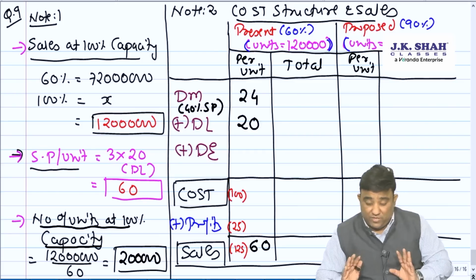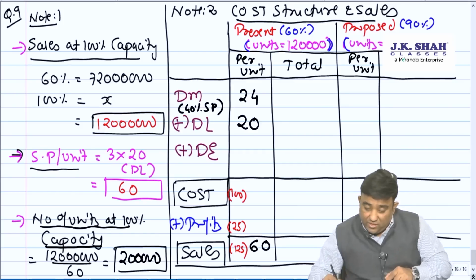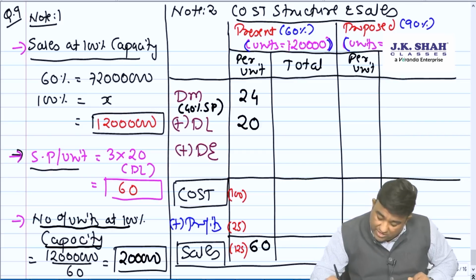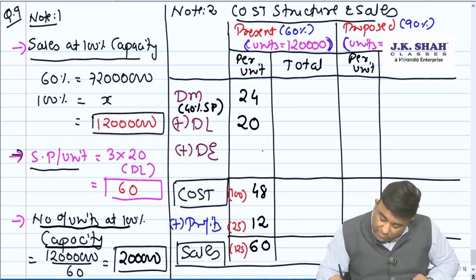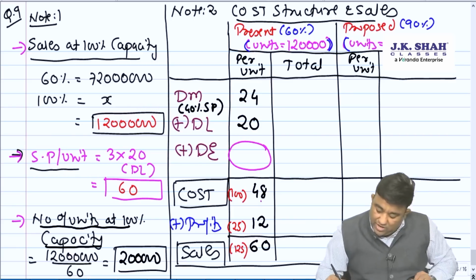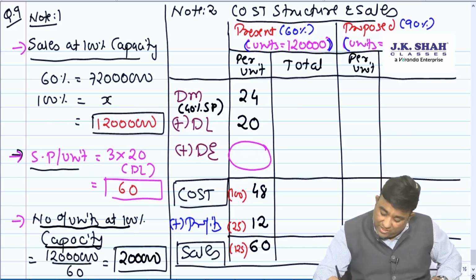Done. This is one method. So 125 is 60, so 100 will be how much? Can I say this is going to be 48 and profit is 12. So student, this will be a balancing figure. And out of 48, 44 is accounted, so the balancing figure is 4 rupees.